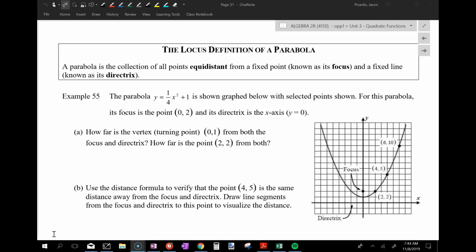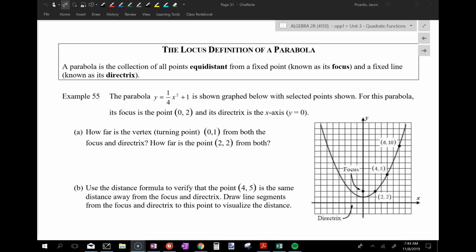And so ultimately, what do we wind up getting? We get a shape that looks like that. It is parabolic. That's called a locus definition because we're meeting a criteria. So what are we going to do with that? Well, first thing is this. How do we identify something as being parabolic?